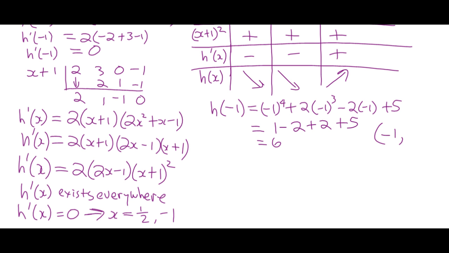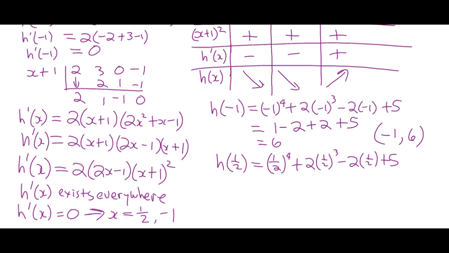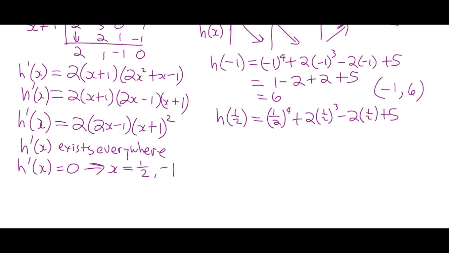So we've got the point negative 1, 6, and we know there's a point of inflection there. And then we've got h of 1/2: 2 times 1/2 cubed minus 2 times 1/2 plus 5. What do we got? 1/16, 1/4.